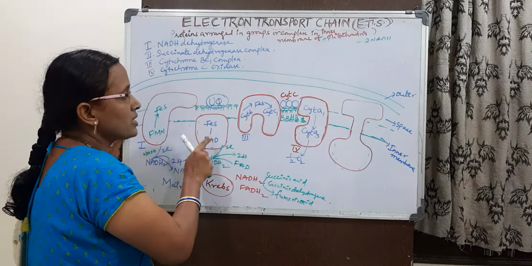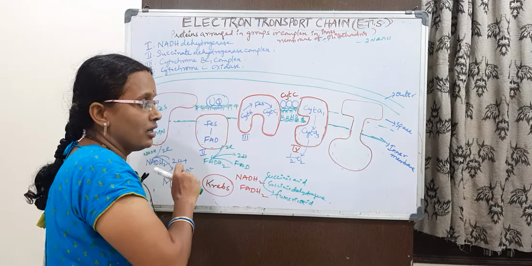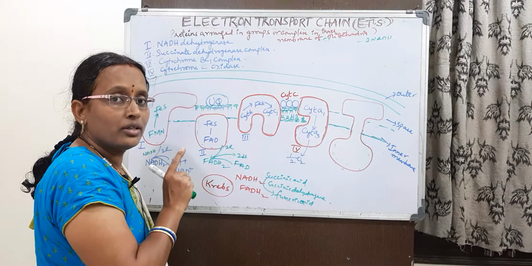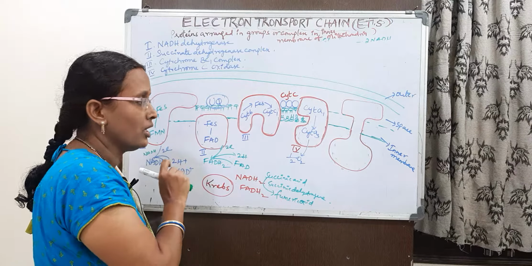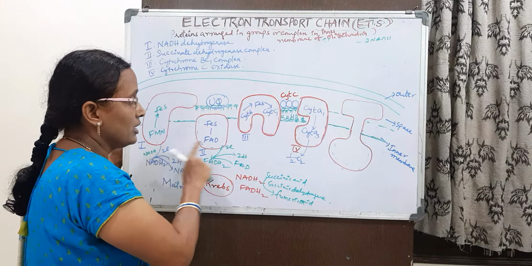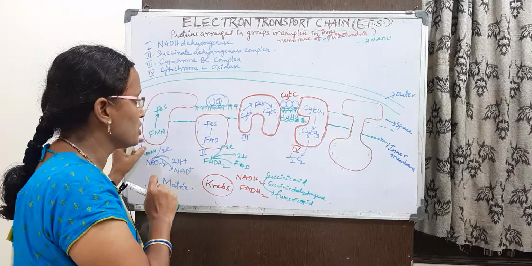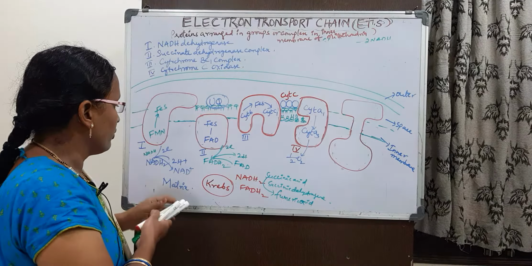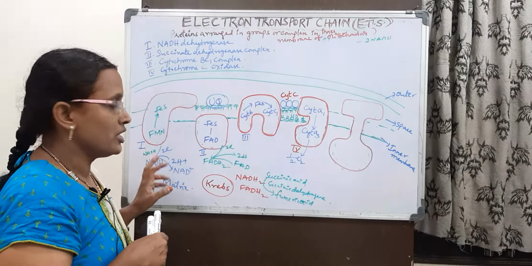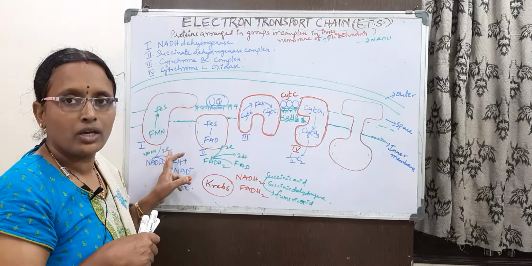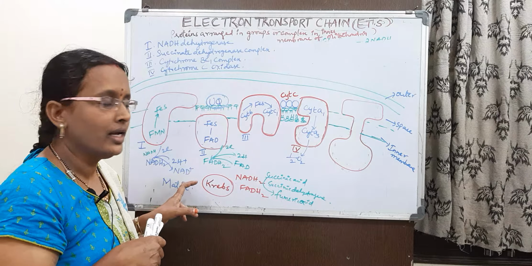These complexes are arranged according to their increasing redox potential. When NADH2 is oxidized in the presence of NADH dehydrogenase, it gives a pair of electrons, protons and NAD.